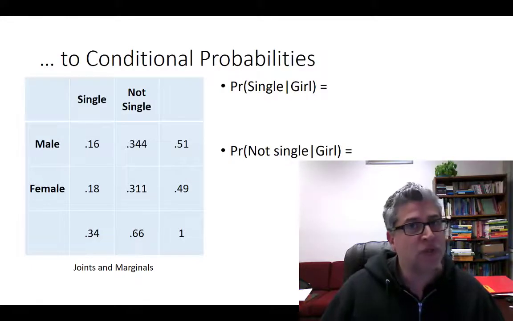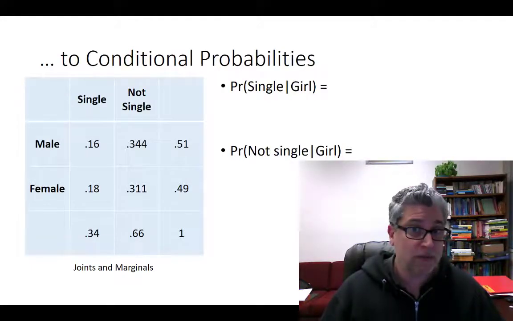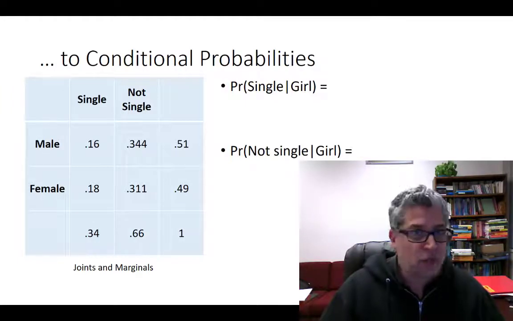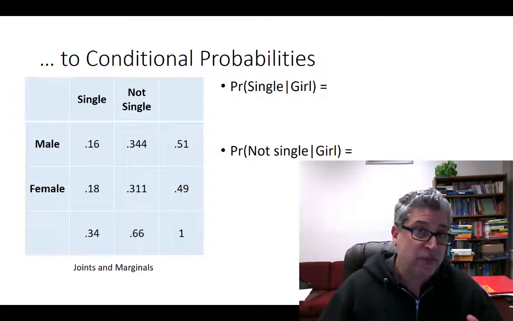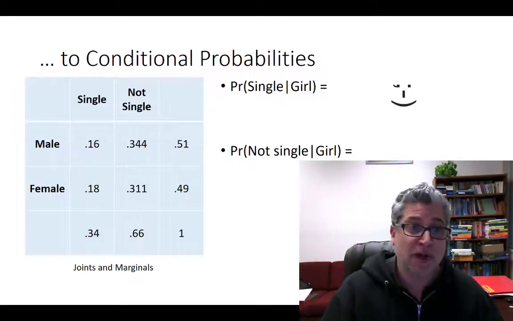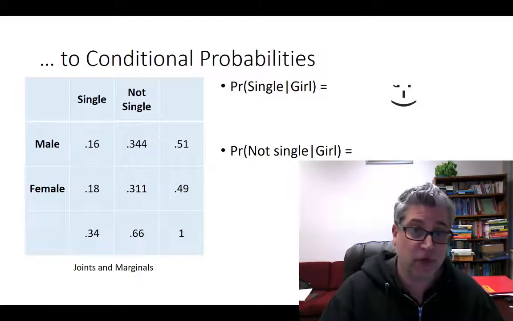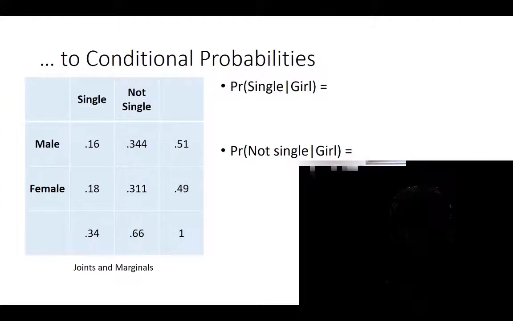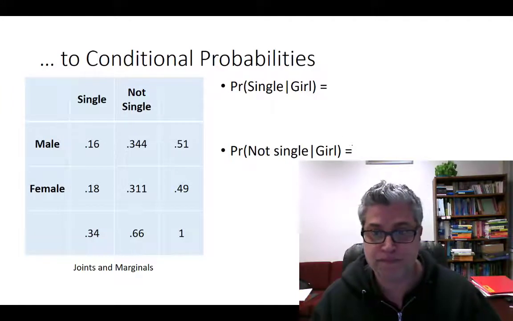So you want to know what's the probability of single given that you're talking to a girl. So you can ignore the probabilities of singleness associated with the guys and restrict your sample space, restrict your attention to the probabilities associated with girls. So what's the probability that this girl you bumped into is single?